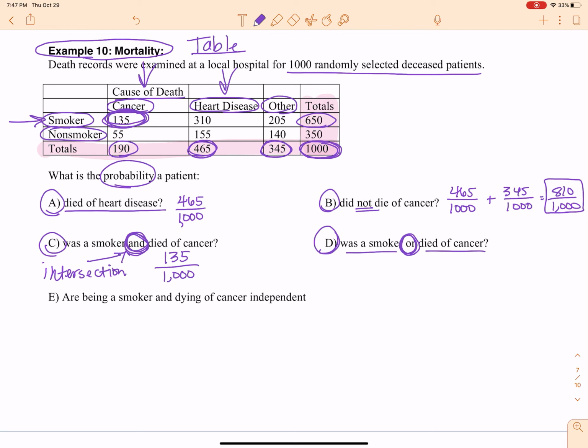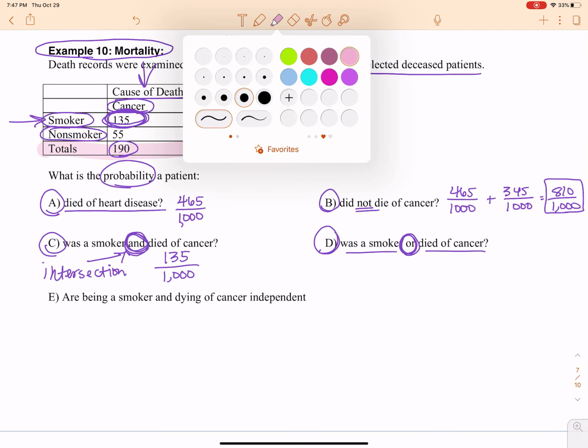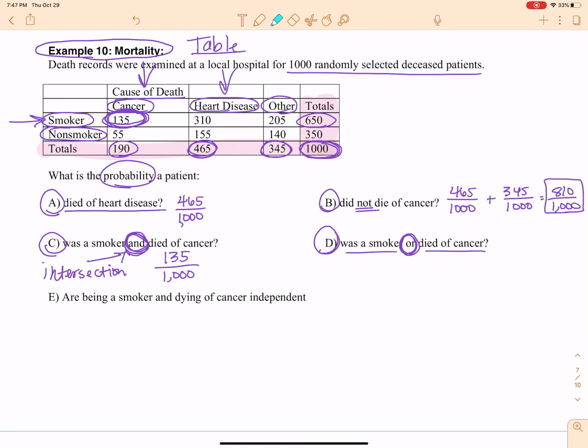Okay, you have to be careful here. This is what I was talking about in the table video about overlap, because the people who died of cancer are all of these people, and the people who smoke are all of these people. There is overlap right here at 135.